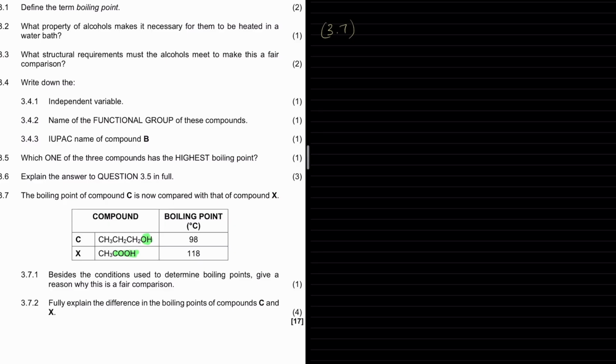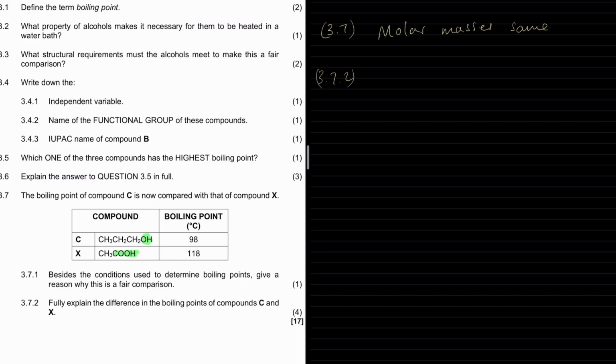So we're not comparing that. It doesn't have anything to do with chain length either. So the only thing left has to be molar mass. So I'm assuming here that the molar masses are the same. If it's not the length of the chain, if it's not the same homologous series, it's got to be molar mass. And I mean, we can probably add up, but I'm pretty sure that it is going to be molar mass.